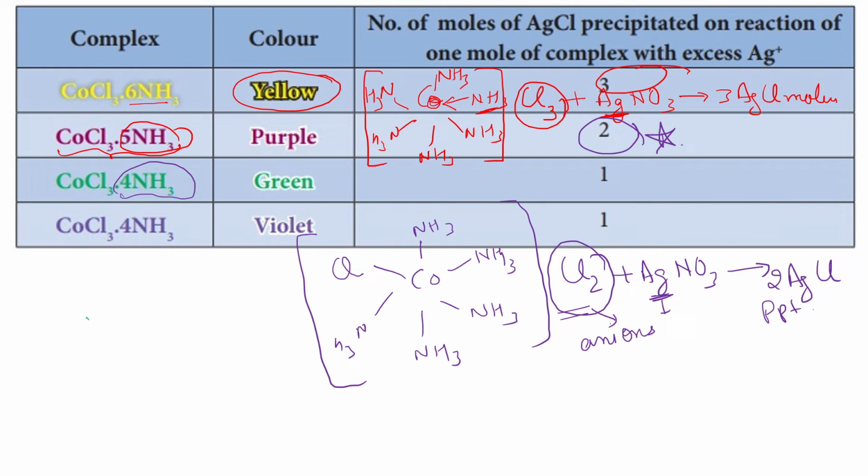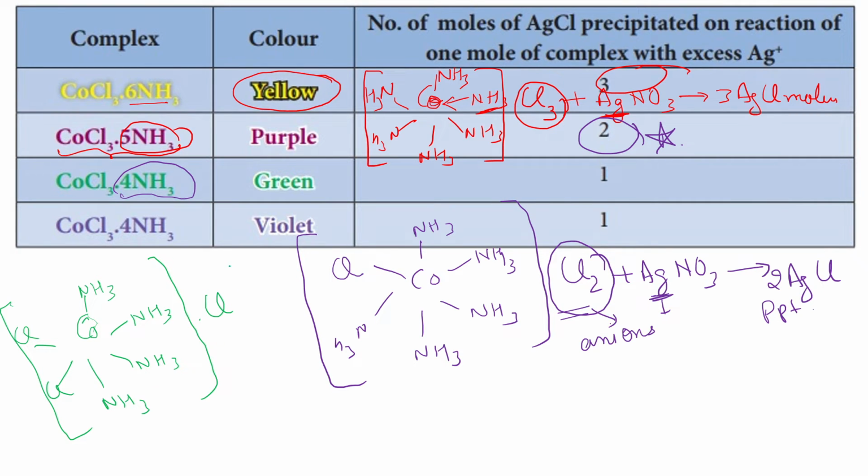For that complex where there are only four ammonia molecules, four ammonia molecules are coordinated to the metal and three more complete the coordination, six coordination, that is a hexa coordinated cobalt complex. So, two chloride ions were inside the coordination sphere and only one chloride ion was outside the coordination sphere.